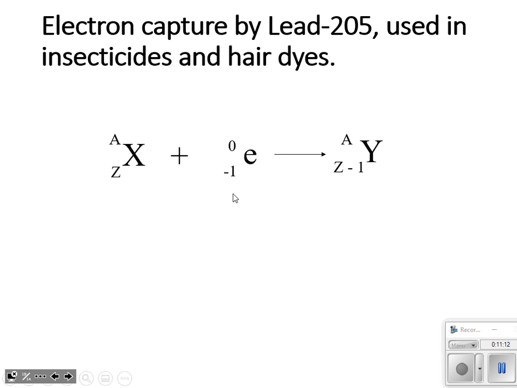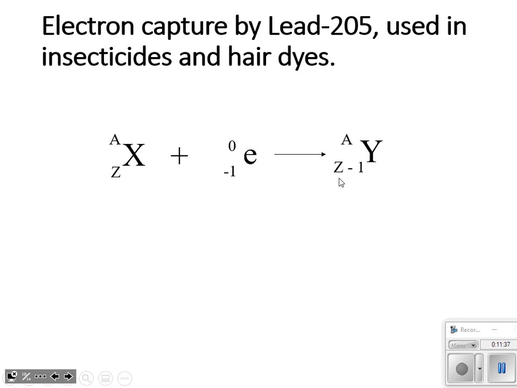So the electron is coming into play here. I look at this Z minus 1, and I can see that my atomic number is going down by 1. So that means that a proton is being converted to a neutron.